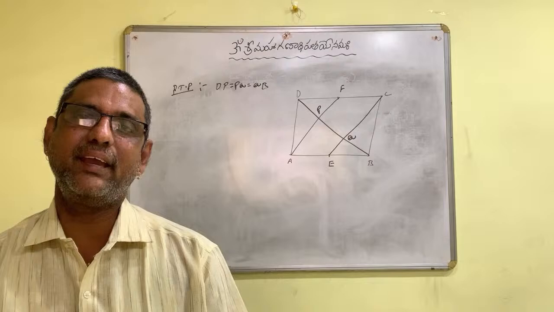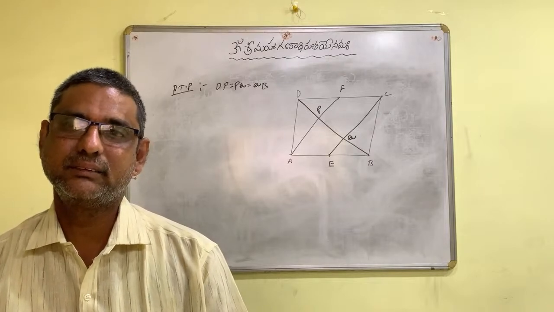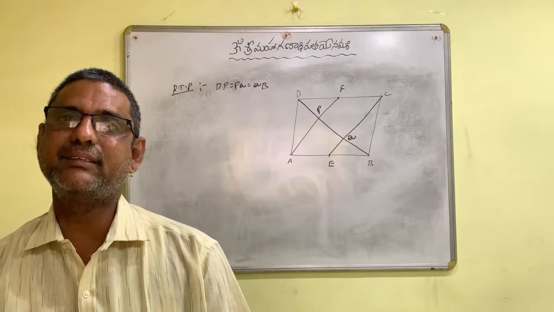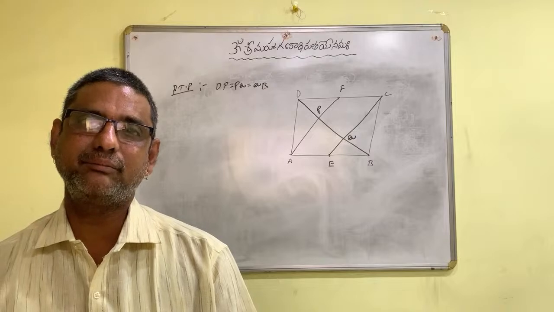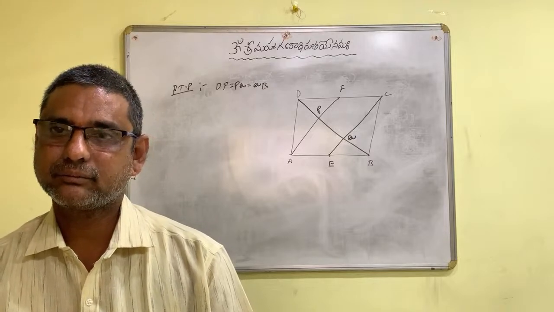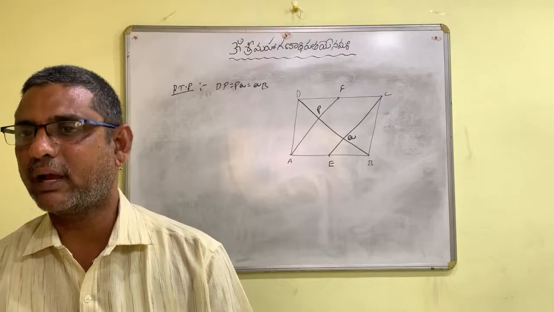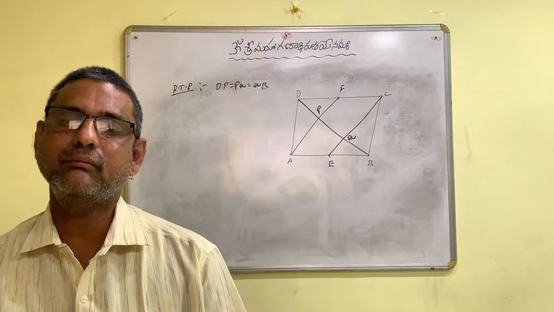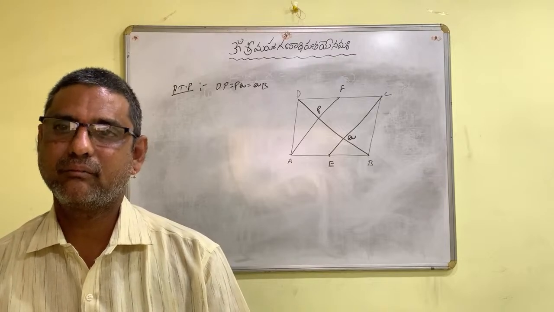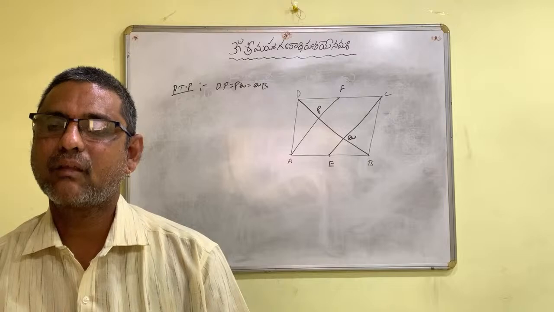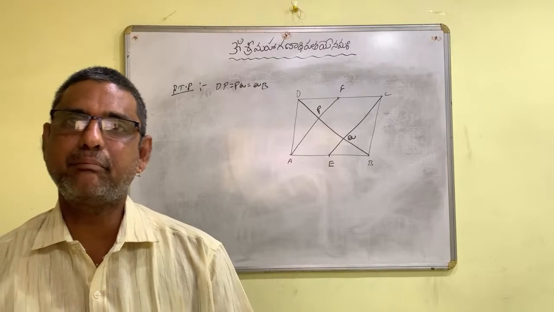What is ABCD? ABCD is a parallelogram. What are the properties of a parallelogram? Anyone?